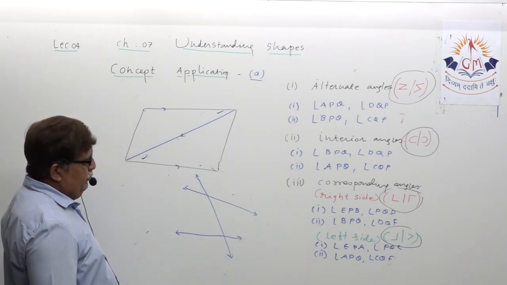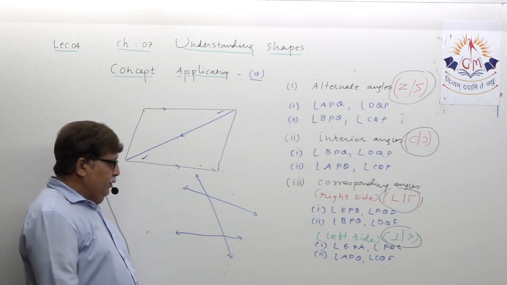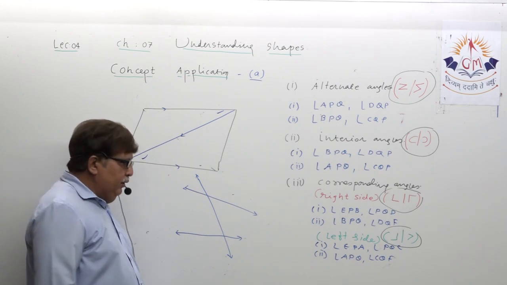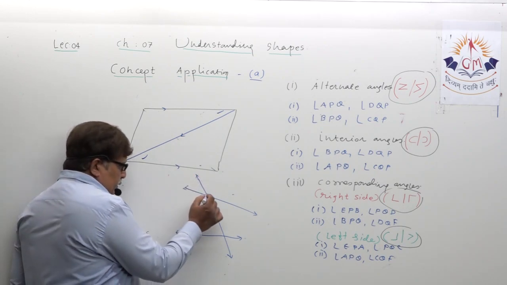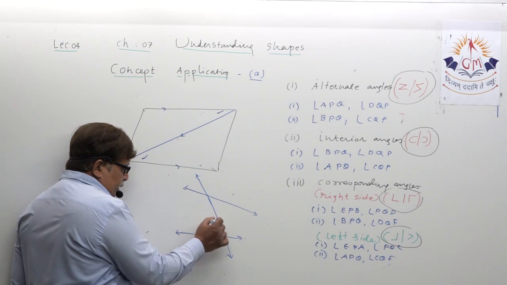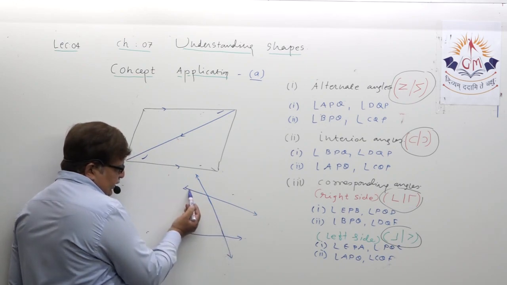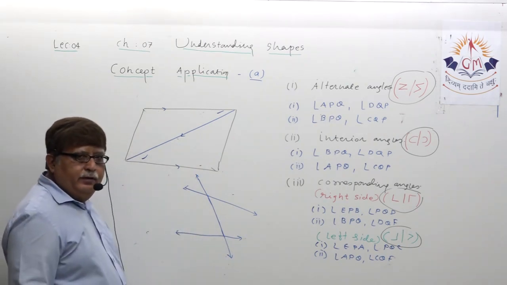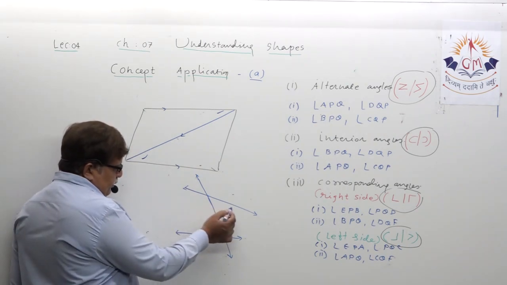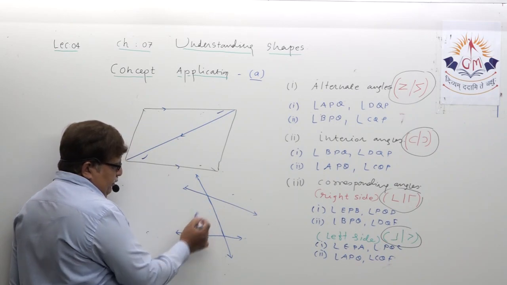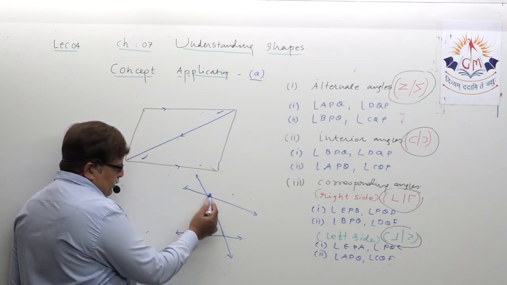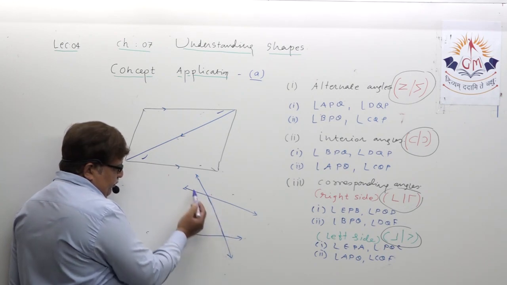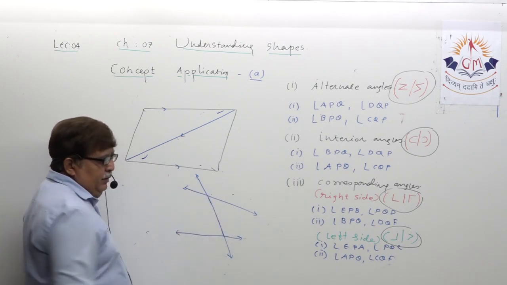If you are asked to name the alternate angle, concentrate on this part and make a Z. This is Z, this is inverted Z. Interior angle is C, inverted C. Corresponding angle is inverted L, inverted 7, inverted L and 7.